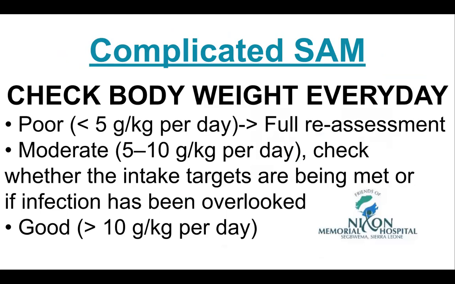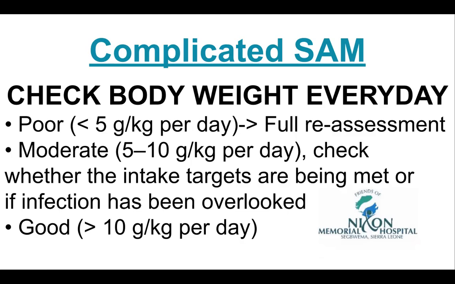We need to check the body weight every day to see whether the patient's body weight is increasing. If the patient is gaining less than 5 grams per kilogram per day, we need to reassess, test for RBS, and ask whether the patient has tuberculosis. If the weight increase is moderate, check whether the intake targets are being met.